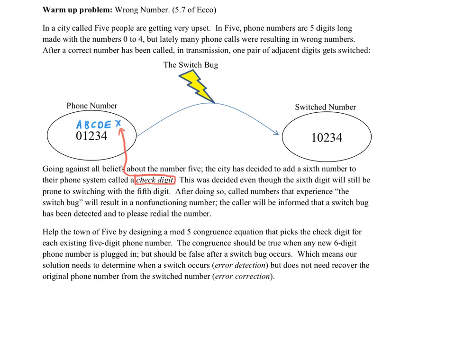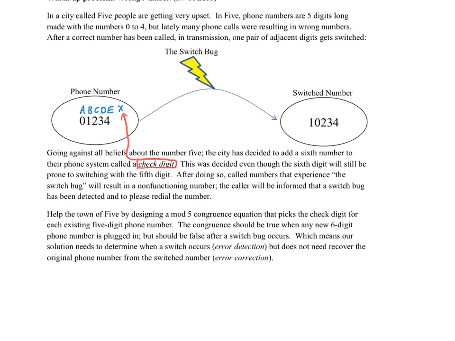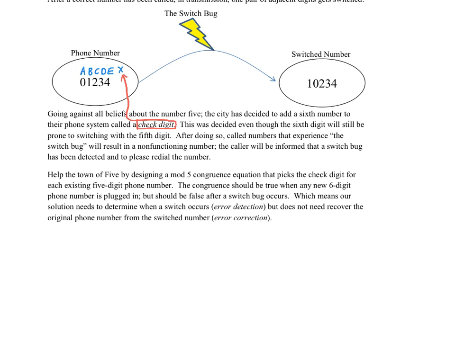Now, after some careful thought, you may have realized that if you set up a congruence so that the coefficients are alternating or different, so we want a mod 5 congruence, so we're going to pick A with some coefficient, let's say C1, and then plus B with some coefficient, let's say C2, and so on.